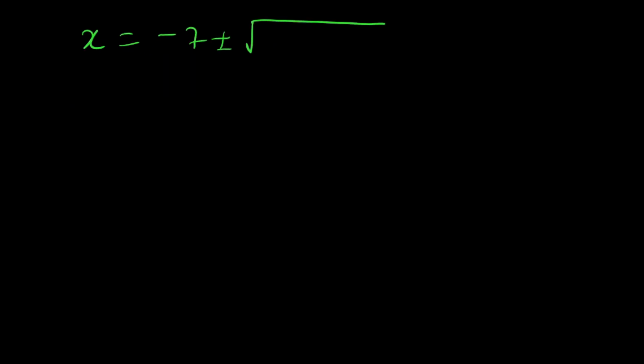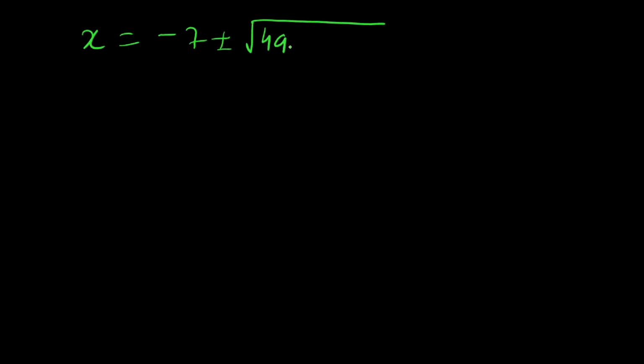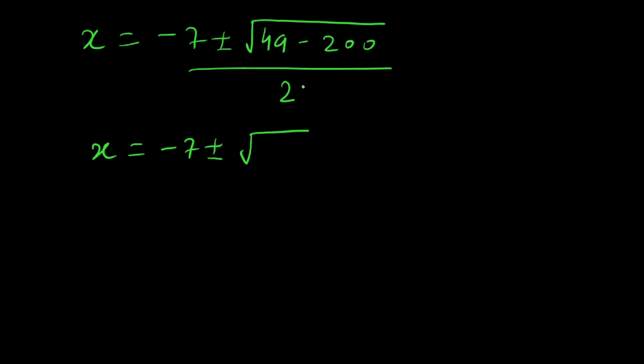Then x is equals to minus 7 plus minus square root of, here 7 square is 49 minus 4 times 50 is 200, and divided by 2. Then x is equals to minus 7 plus minus square root of 49 minus 200, which is minus 151, divided by 2.